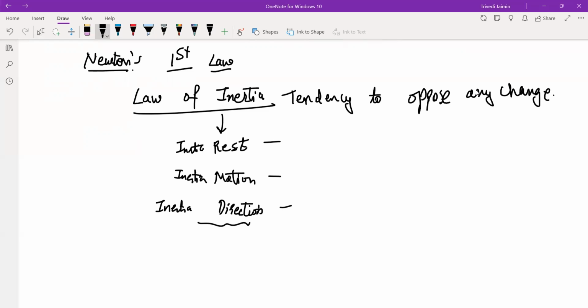For inertia of rest, the tendency to oppose any change in its state of rest. For motion, in its motion. For direction, in its direction of motion, right? As when we are running in a circular form or any other form.